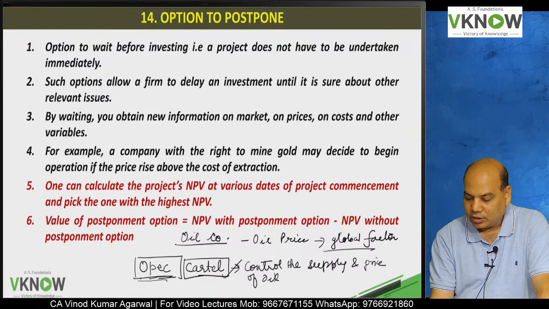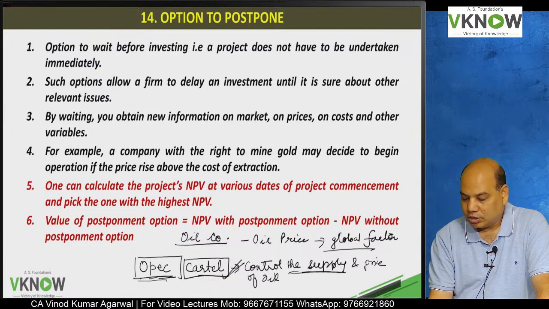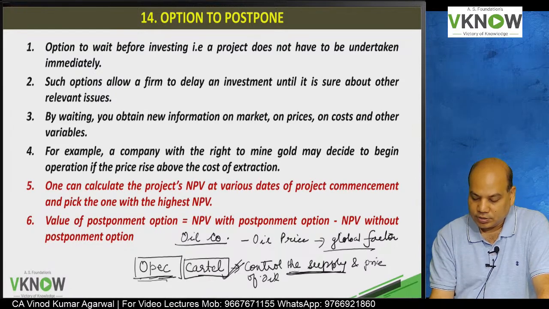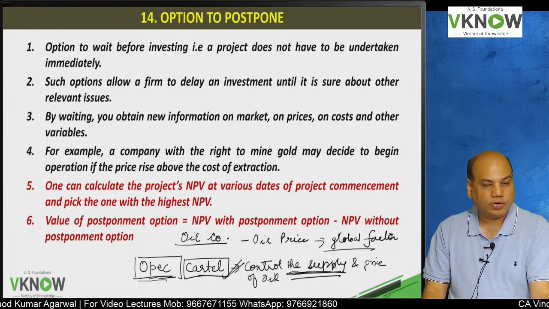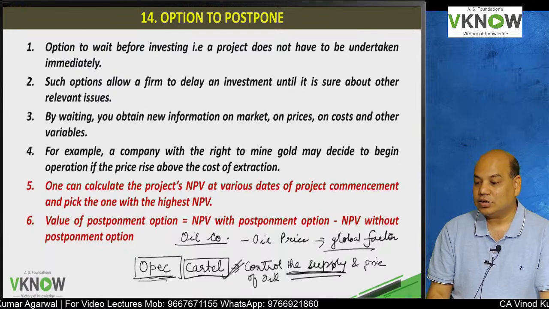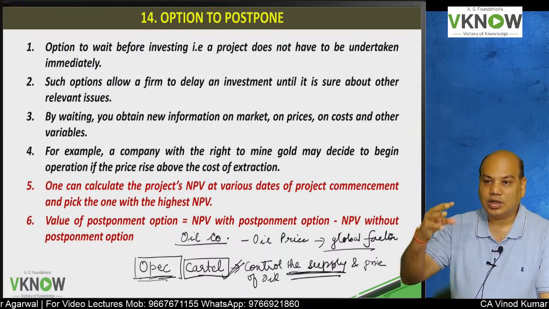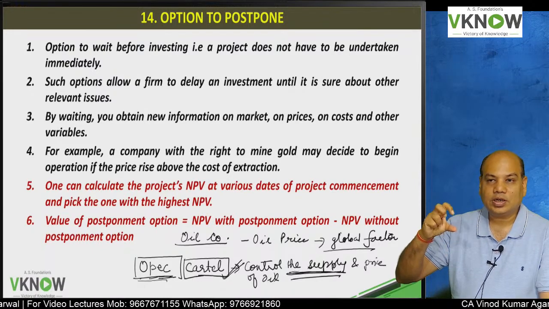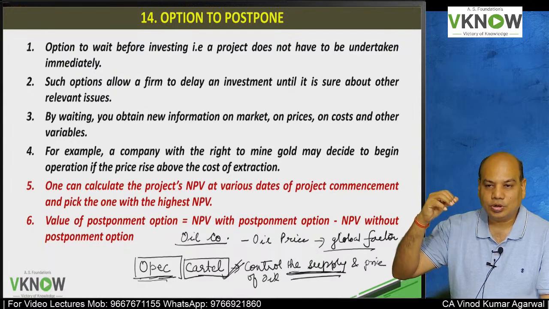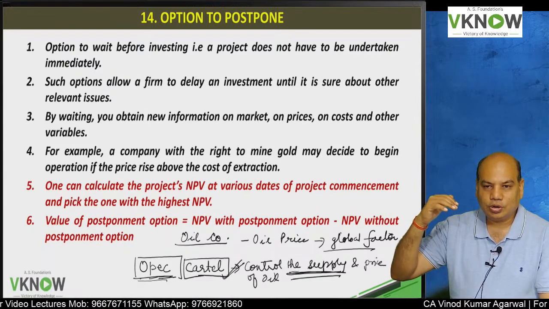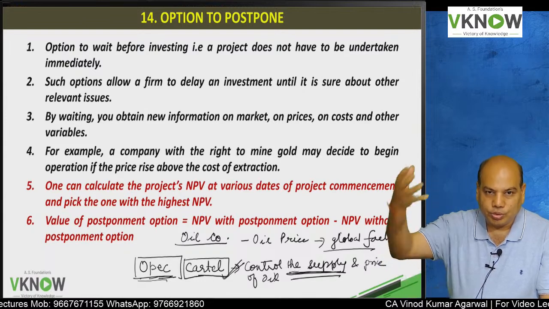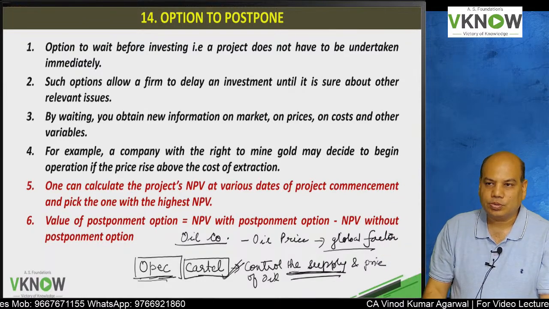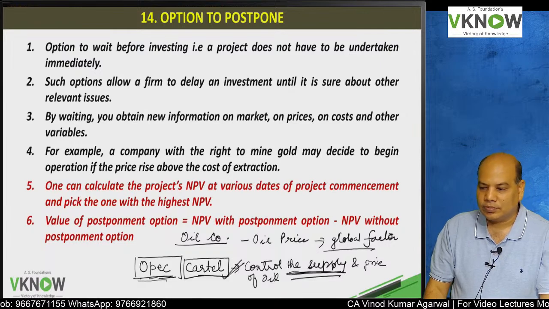If the cartel decides to reduce the supply, price will rise. If the cartel decides to increase the supply, price may fall. By next year, I will get to know whether the cartel has decided to reduce the supply or increase the supply, and accordingly I will be able to compute my cash flows more accurately.